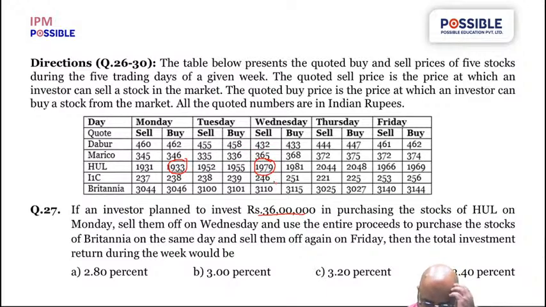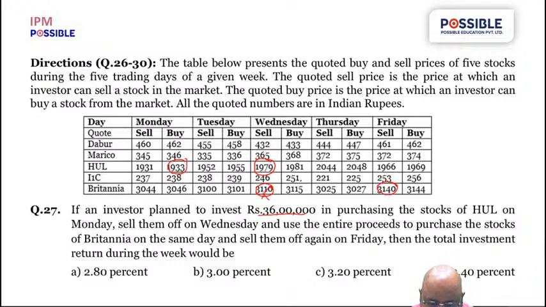Then the entire proceeds are taken to buy Britannia on the same day, and sell them off again on Friday. Friday is here. Buy, sell, buy, sell.